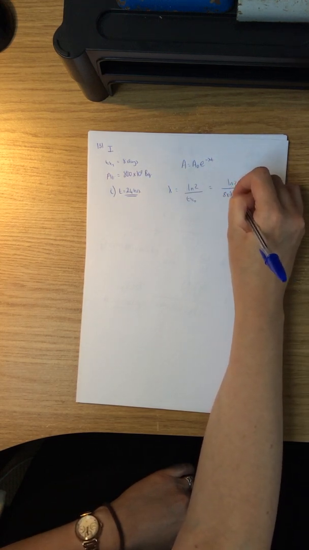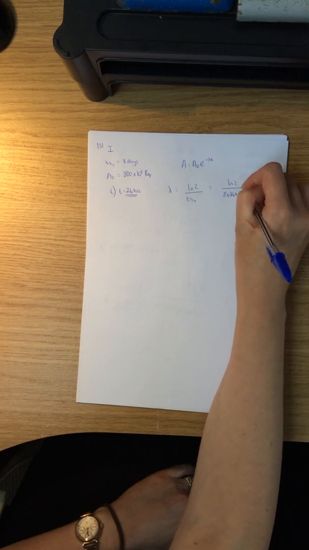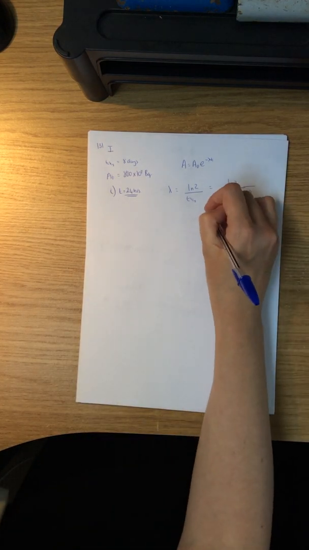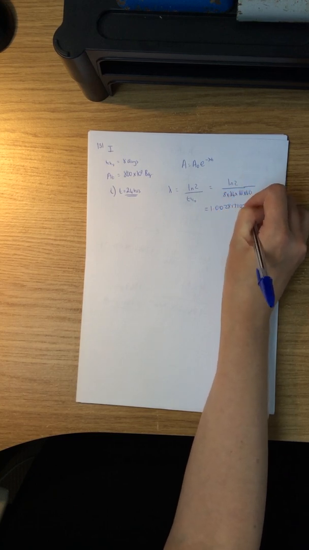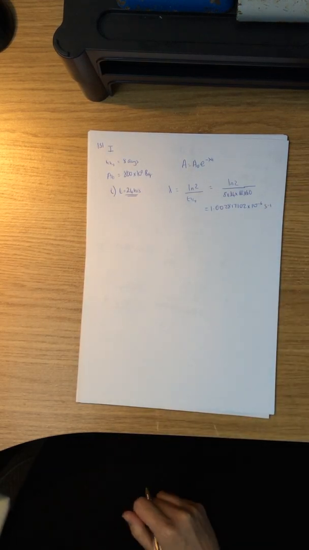So 8 days, and there's 24 hours in a day, 60 minutes in an hour, and 60 seconds in a minute. So that would be our calculation. And lambda comes out as 1.0028171102 times 10 to the minus 6 per second.